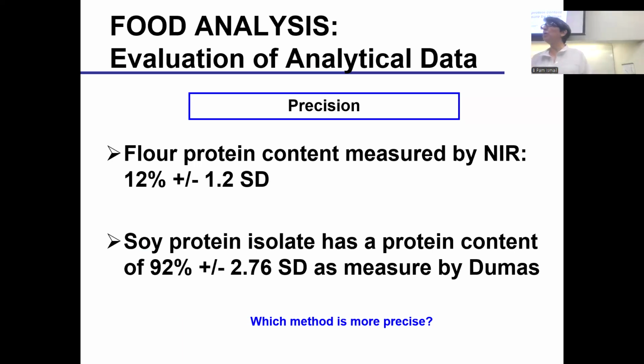And that's what you will be doing in lab, because one group will have baby cereal as a product. Another group will have cheddar cheese. Very different protein content. So how am I going to compare the different methods when I have different products?